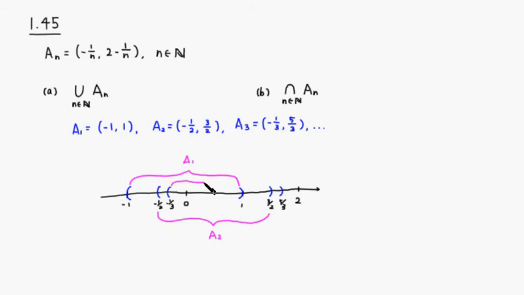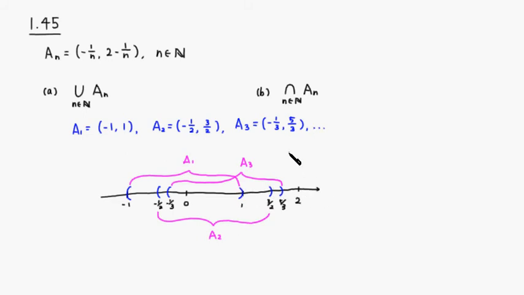It's right here. So this is our A3, and so on. Notice that the left bound is actually moving to the right. Every time you go to a higher n value, it moves to the right, and the right endpoint is moving to the right as well.